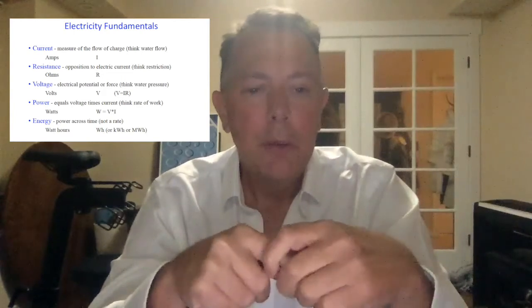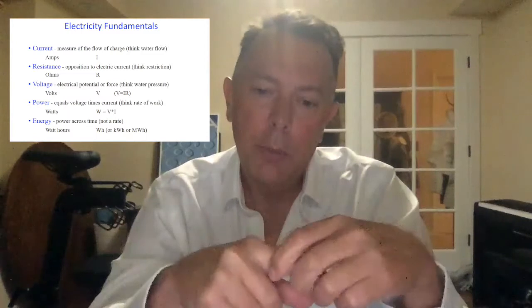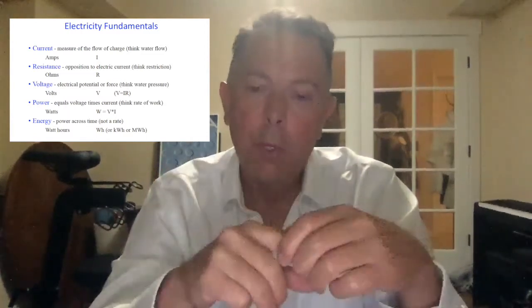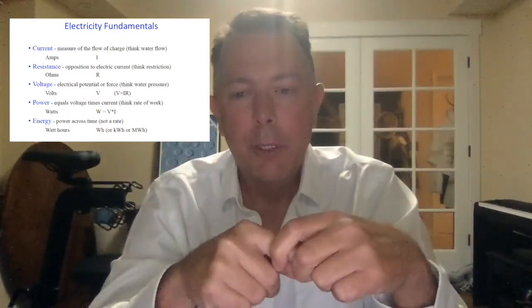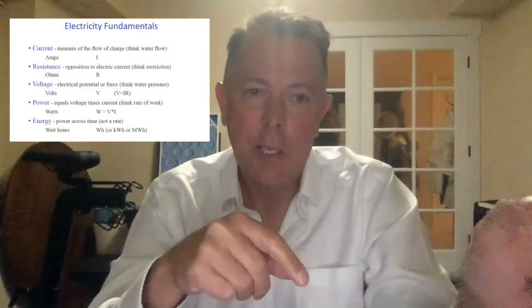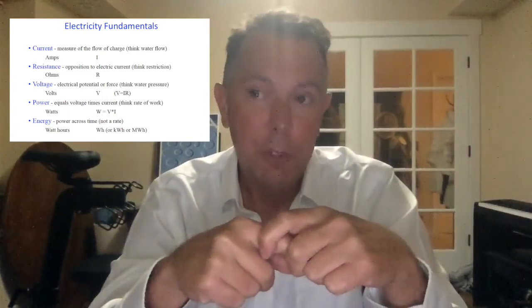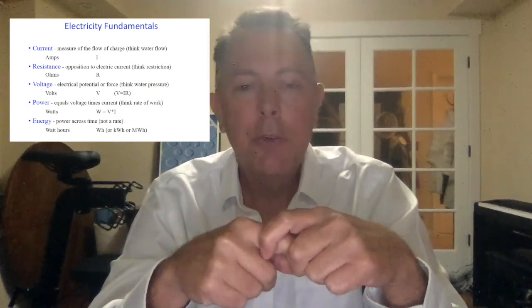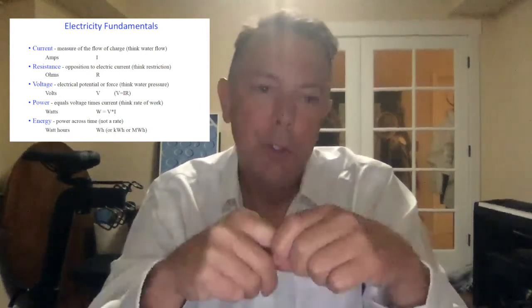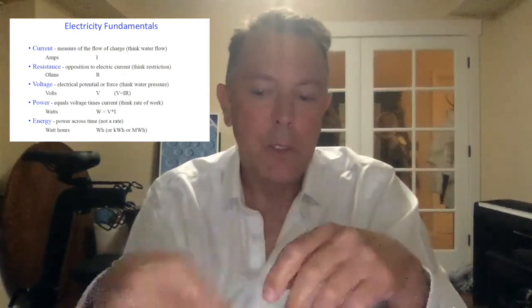We can think of the voltage as how much water we've turned on, that pressure, that force at the spigot. As we turn up that voltage, the resistance is going to stay the same, but what will go up is the current. So as we apply more voltage, we'll see a higher current if we keep the resistance the same.